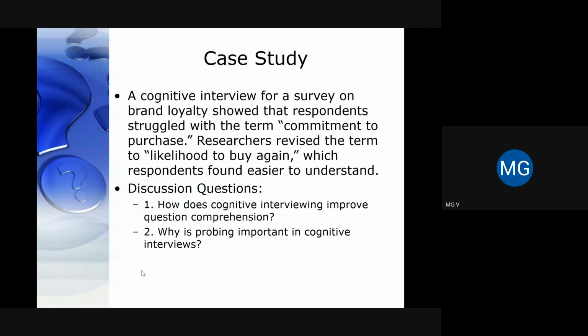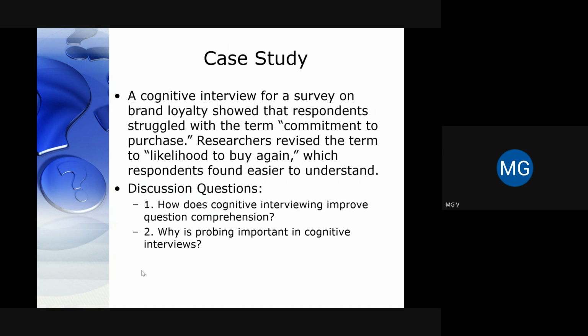So how does cognitive interviewing improve question comprehension? Basically, it reveals respondent interpretations and misunderstandings.